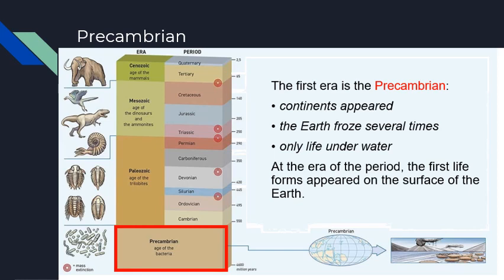So during this time, the Earth was different from what it looks like now. As the text says, the Earth froze sometimes. That means that it was like a great ball of ice. And that was the reason, of course, that life could only exist beneath the surface of the sea, because the sea wasn't frozen. The continents appeared. That was the solidifying of the crust, what I was talking about earlier.